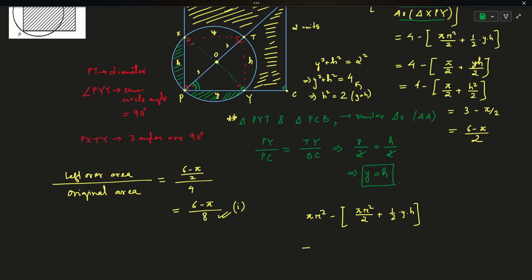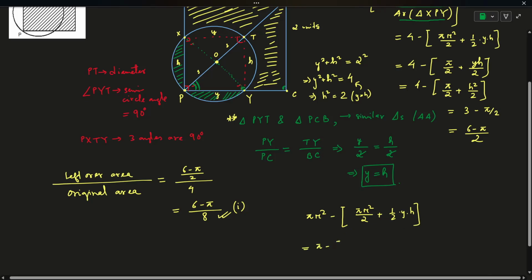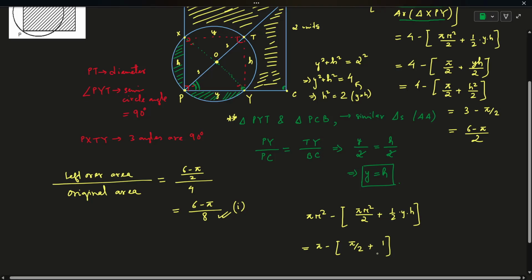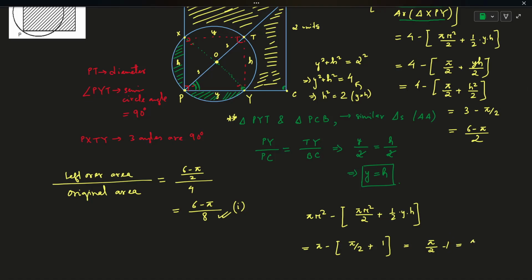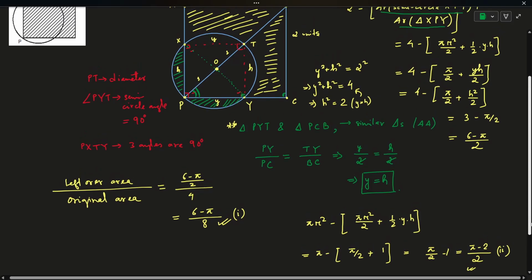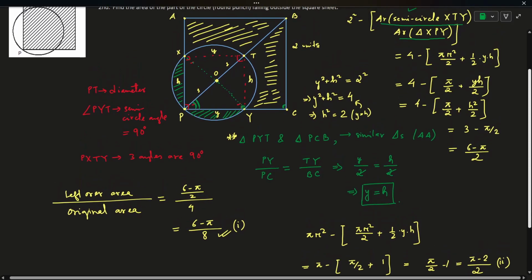Simple, guys, very simple. r is 1, so pi. r is 1, so pi by 2. y and h are equal, so h square by 2. h square is 2. 2 by 2 is 1. So this will give me pi minus pi by 2 minus 1, which is equal to (pi minus 2) by 2. This is the required answer for question number 2, guys. A very simple question. If you can solve the first question, second question becomes very easy, guys.